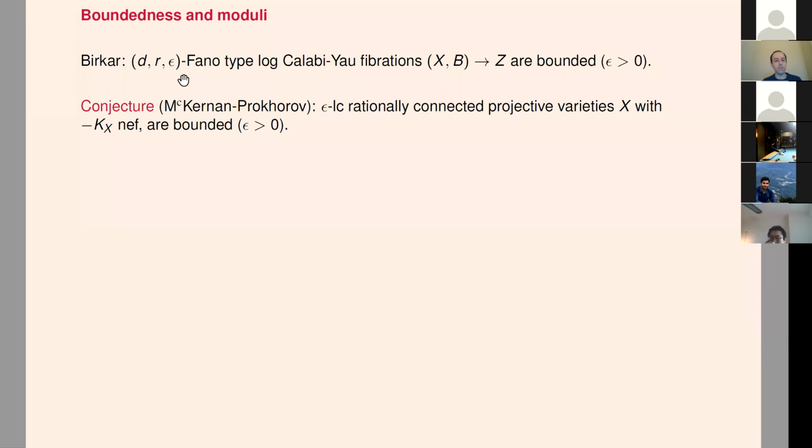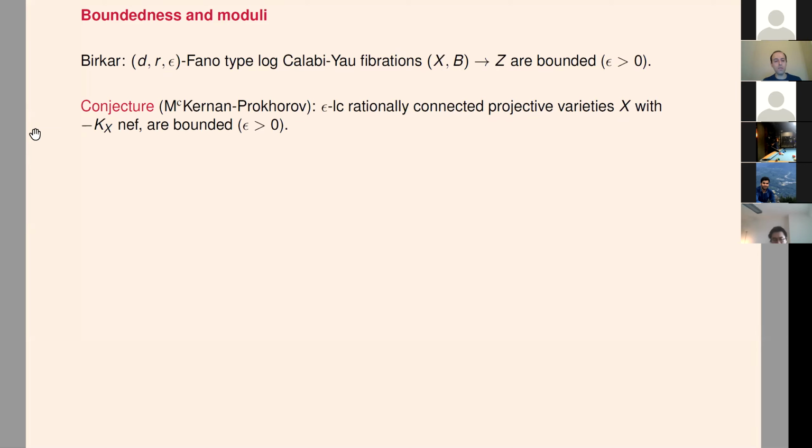One of the results is that if you fix the dimension and the type of singularities, and also fix or bound the degrees of divisors involved, then if the bases Z move in a bounded family, upstairs the total space also moves in some bounded family. This already has had many different kinds of applications.